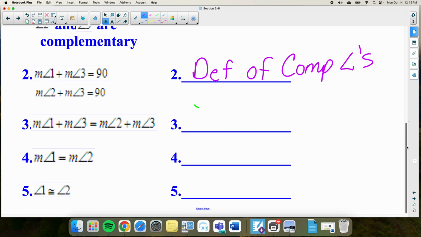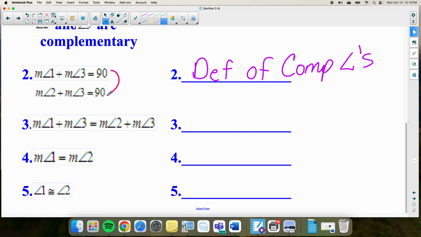Now, if we look at this next one, does anyone see how they got step 3? Anyone have a guess as to what they may have done? Do you guys see how these two sides are identical, okay, or the same?